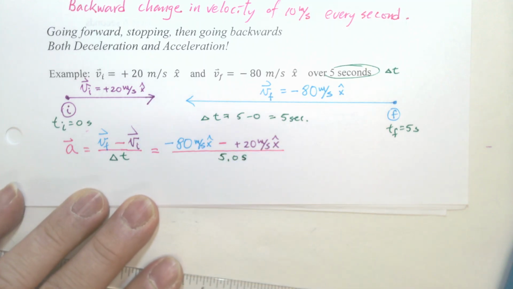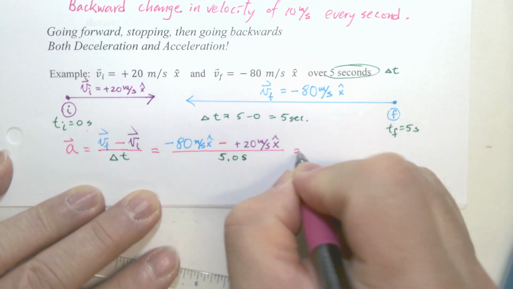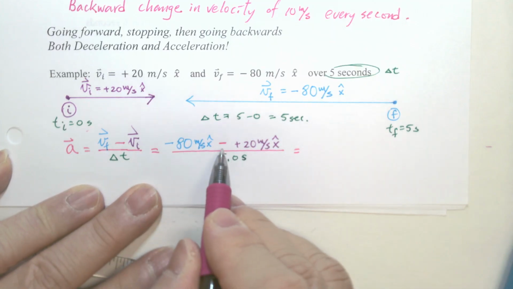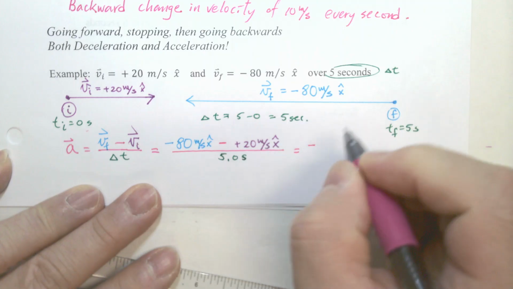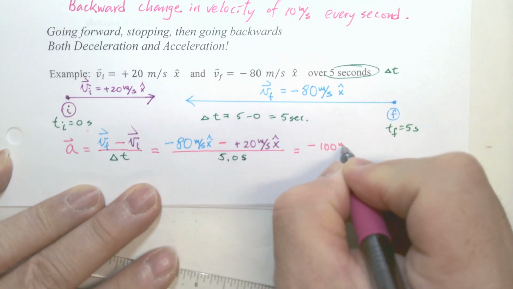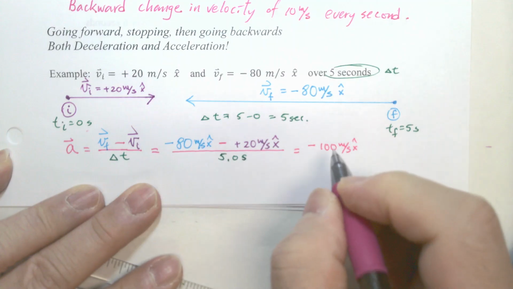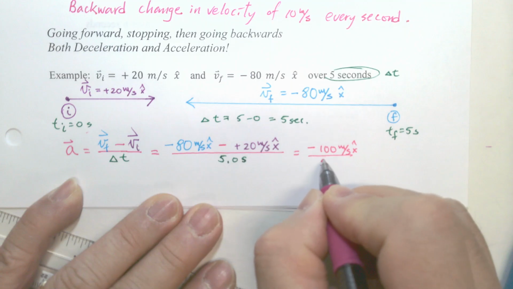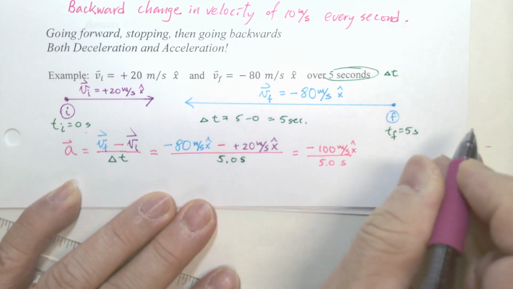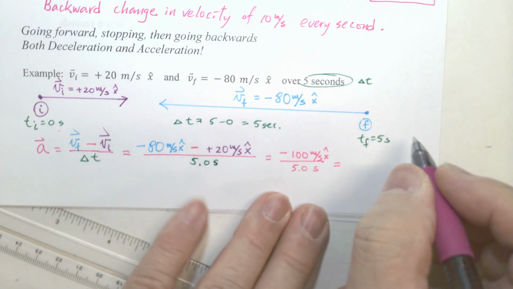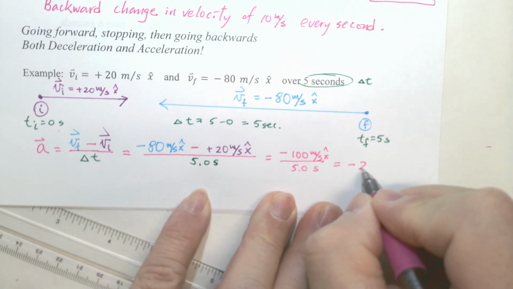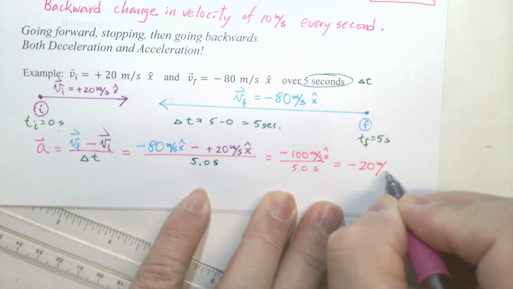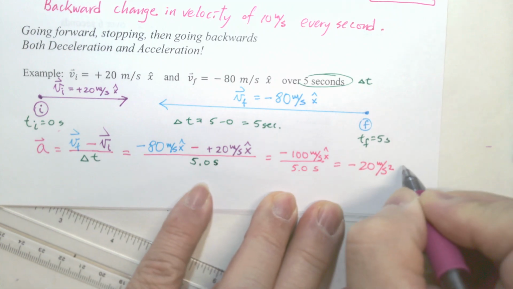Okay? So if I work this out, I'm going to get negative 80 minus 20, which is negative 100 meters per second x hat, whole thing over 5 seconds, which is negative 20 meters per second x hat.